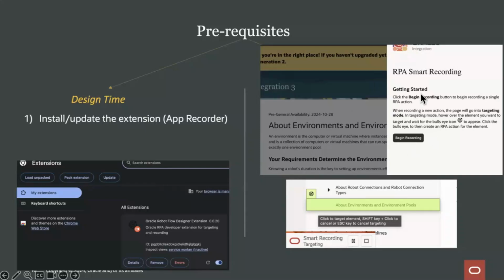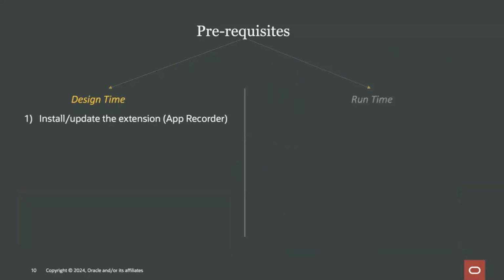Then on that page, when you're developing the flow, you'll see a splash UI, and when you click begin recording, you'll see an overlay where if you hover over whichever button or field you want to click, it gives you a green box. You click that button and it records all the actions you're doing on the page. To do all that, you need this extension installed. All of this is in the documentation, and it's really easy to set up. So that's all for the design time.